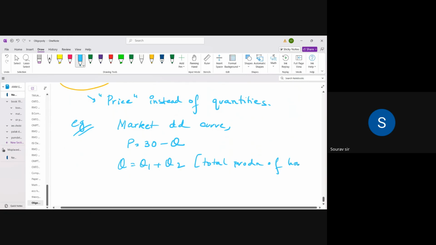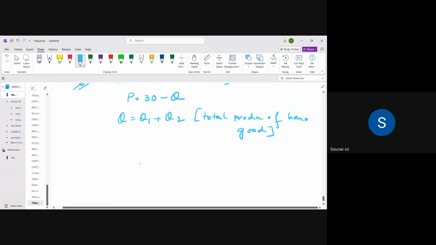This time we assume that both firms have a marginal cost of $3, so MC1 equals MC2 equals $3.